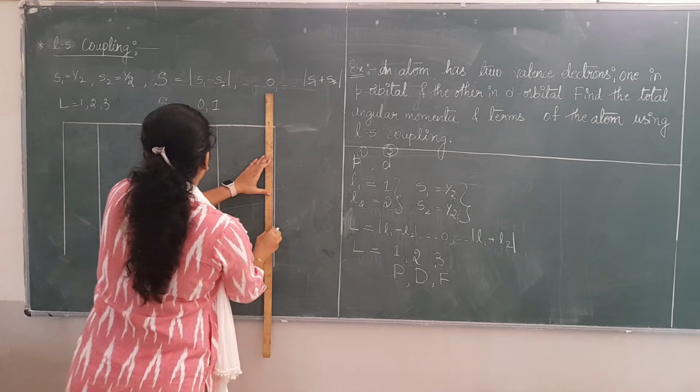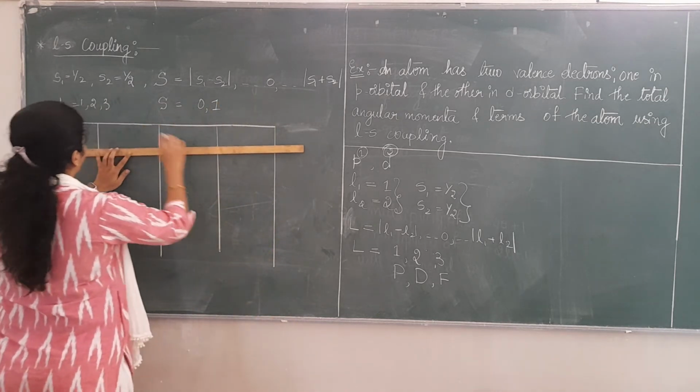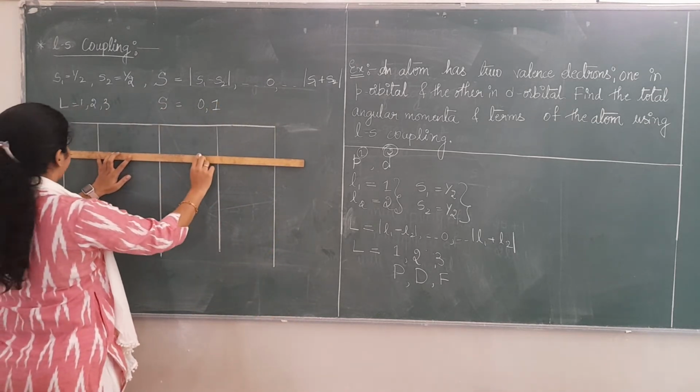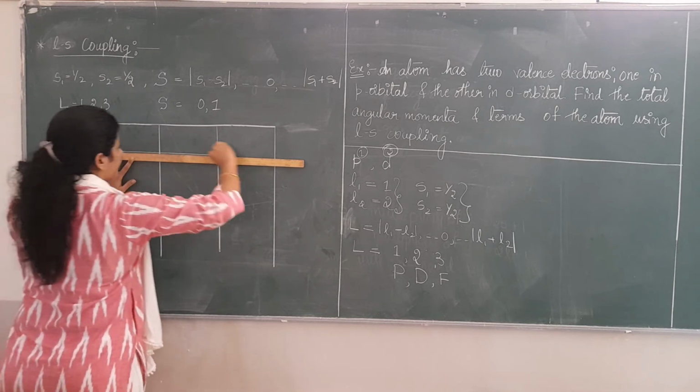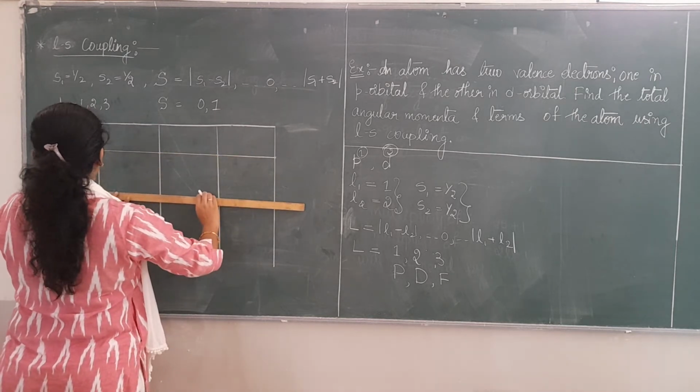This is a simpler way. You can take them one by one and write the terms too, but this table will be very simple to understand.